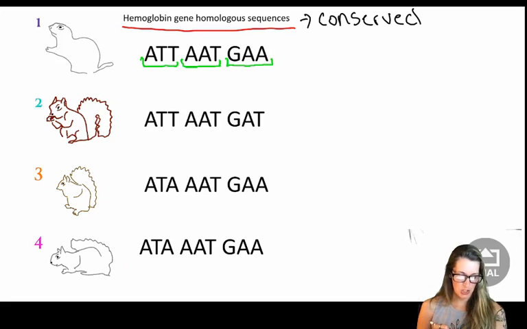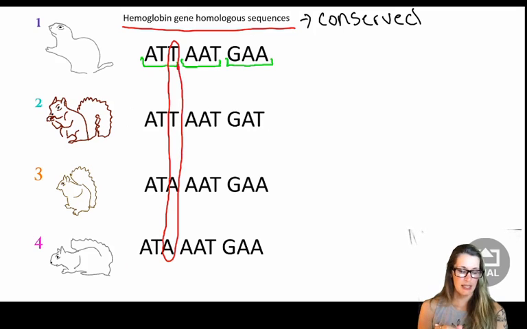In the 3rd position of the first codon, you can see that the ground squirrel and the fox squirrel, so the first number 1 and number 2, here and here, both have a T. But the 2 gray squirrels both have an A. So we see a change there in the genetic sequence, and that's going to give us information.